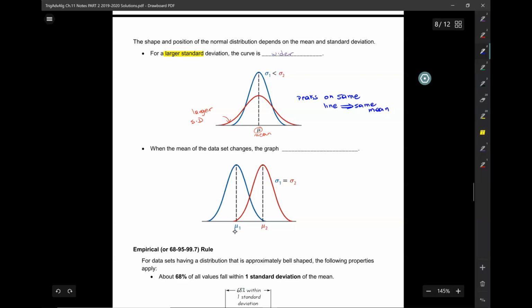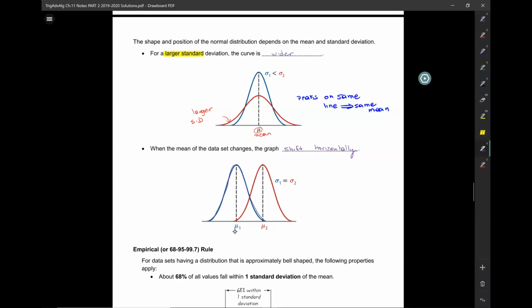Okay. When the mean of the data set changes, the graph will shift horizontally. So suppose I graded a whole bunch of tests and I got this blue curve with a mean of, let's say, 84%.